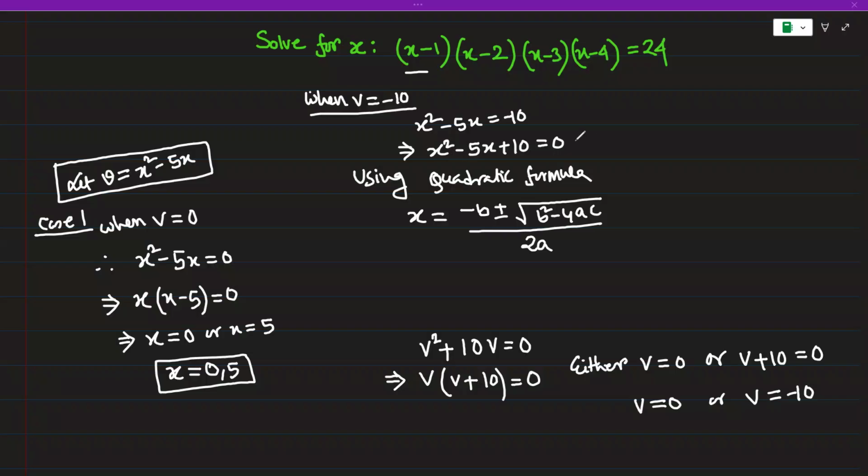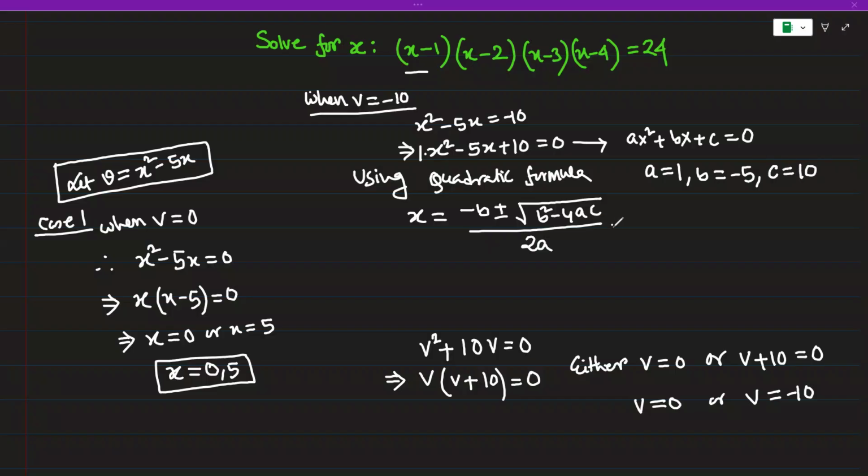Now if we compare this equation with x squared plus bx plus c equals 0, the value of a will be 1, since the coefficient of x squared is 1. The value of b will be minus 5 and c equals 10.